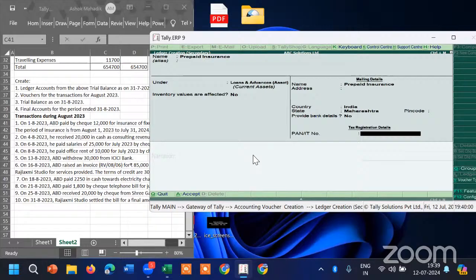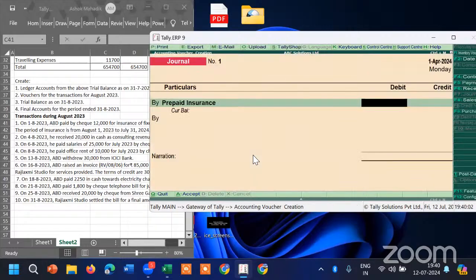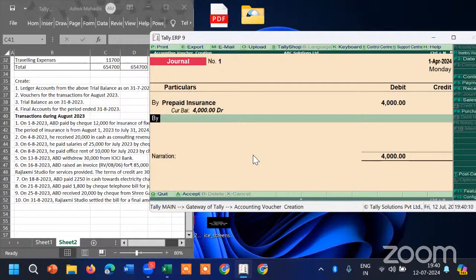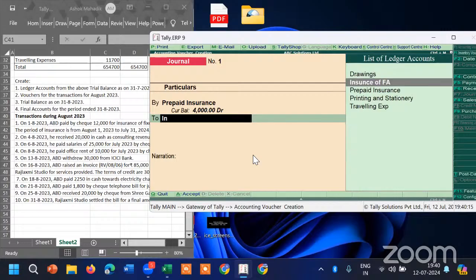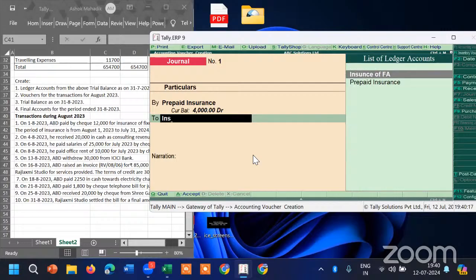See, write as many details as possible in your answer. How much did we pay? 4,000, because for April, May, June, and July, 4 months, we have paid in advance. Which account do you have to credit? Insurance, because we have charged 12,000 to insurance, but 4,000 is prepaid.